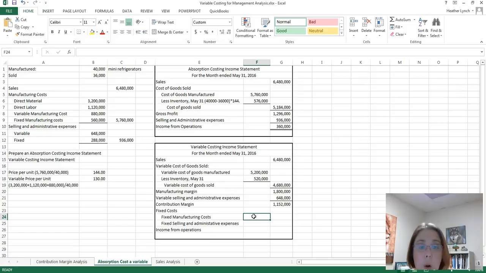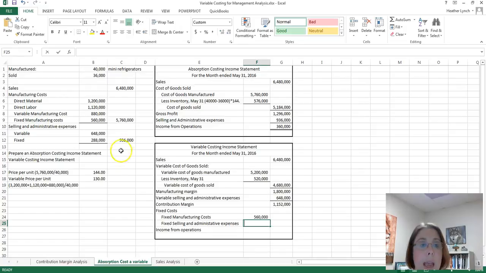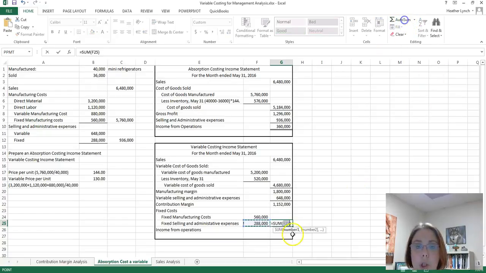Now I can bring over my fixed. So we have fixed, whoops, let me redo that. We have fixed of 560,000 and we have fixed of 288,000. Okay, let's go ahead and add those two together. And I got to put a line right there.